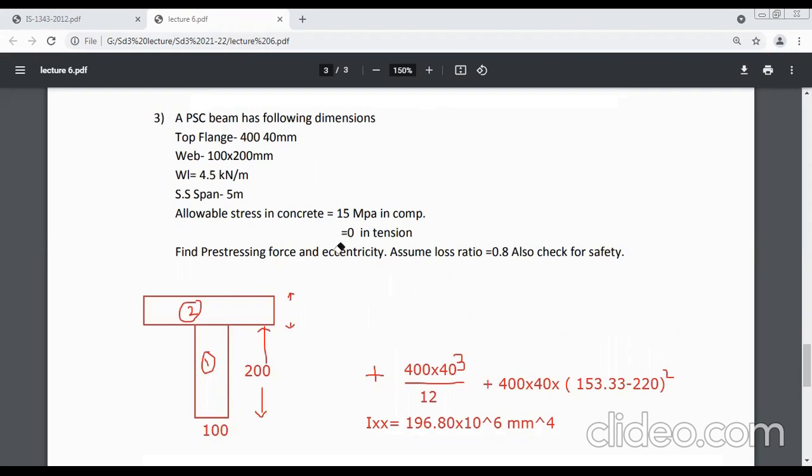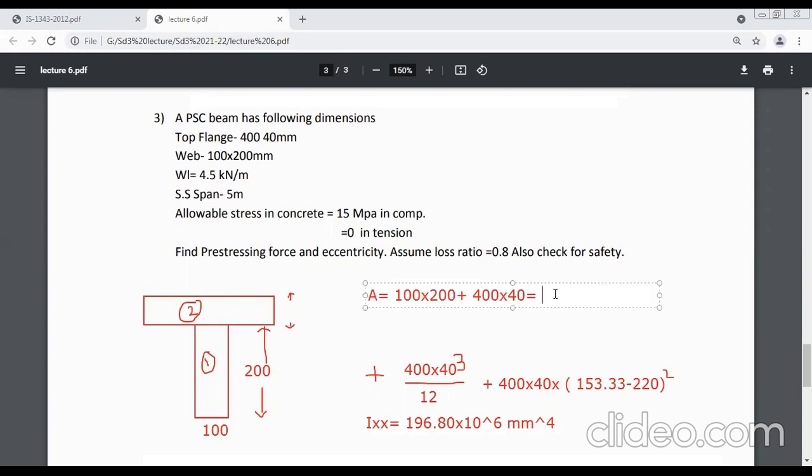So now next, cross-sectional area of this beam. So first web size it is 100 by 200 plus top flange it is 400 into 40. You get the total cross-sectional area of this beam.